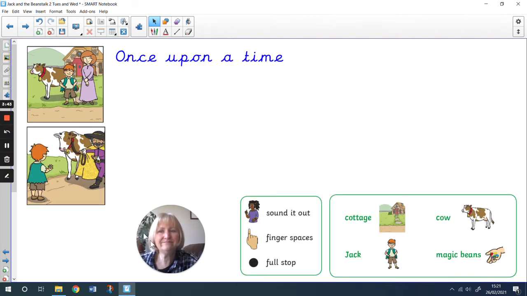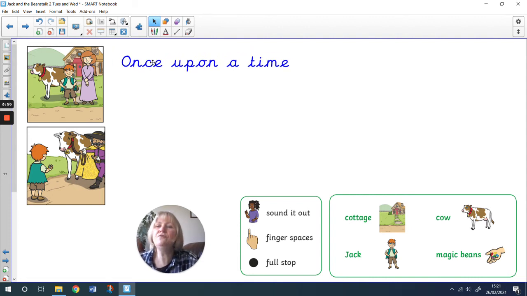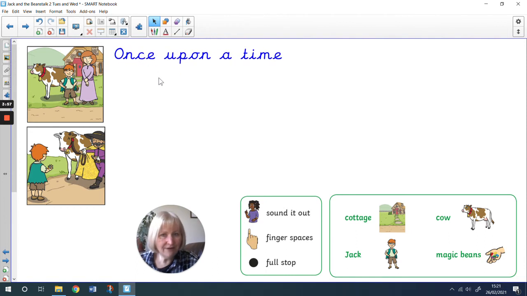Now we're going to think about doing a little bit of writing. I've got the first 2 pictures here to help you remember. And I've started the writing for us in blue. I've written the way fairy tales often start. This word here, it's a very silly word.